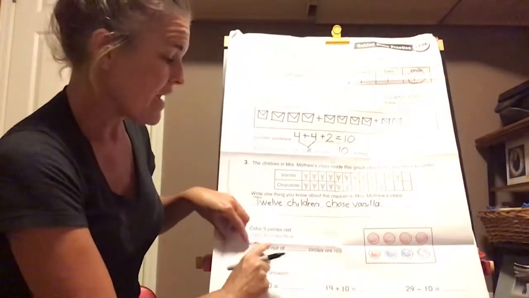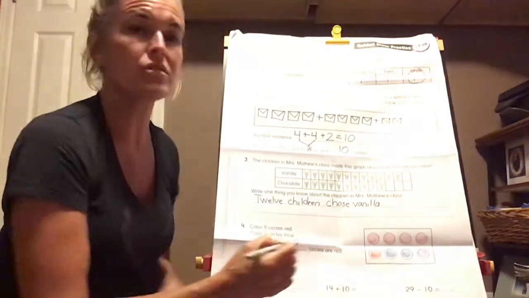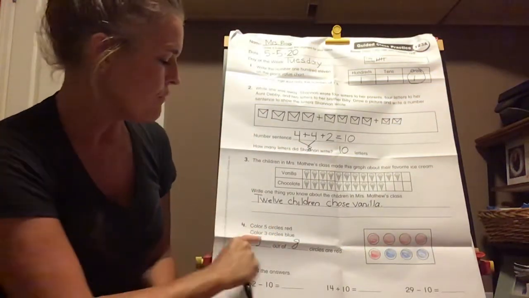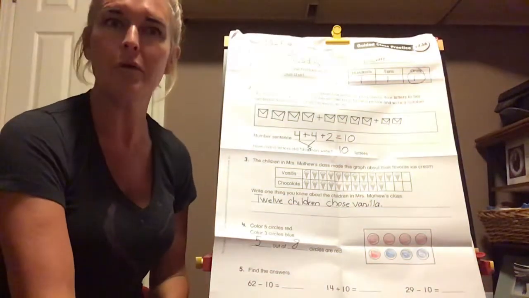So 5 circles out of 8 circles altogether are red. So 5 out of 8 are red. There you go. And down here at the bottom, you're just going to do those all by yourself because you totally can do it all by yourself.